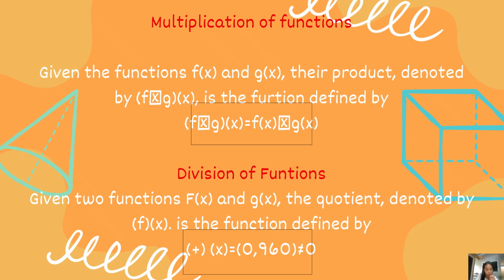And finally, we look at the division of functions, the quotient of two functions. Given the two functions f of x and g of x, the quotient, denoted by f over g of x, is equal to f of x over g of x.